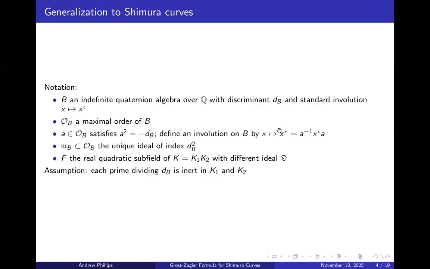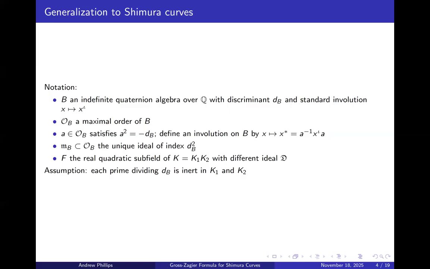And then we define one extra involution here. It's traditional to call this x maps to x star, where we conjugate the standard involution by this element. And then I'm going to fix throughout an ideal here, M_B, and there's actually a unique ideal of index dB squared.